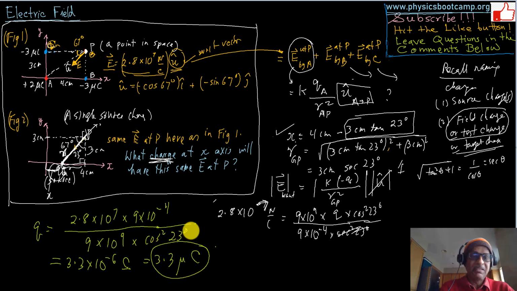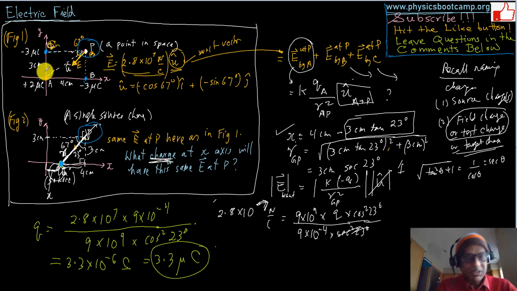So if I place this charge over here, it will be negative charge. So if I place this charge over here, at this point, it's going to have same electric field as those produced by those three charges.